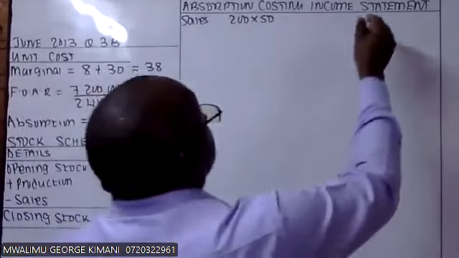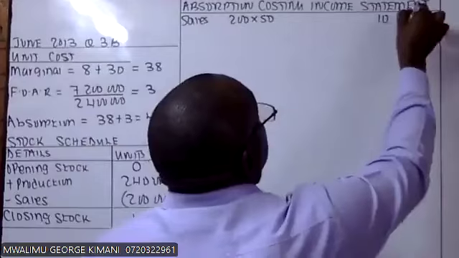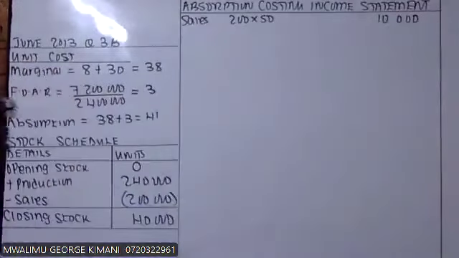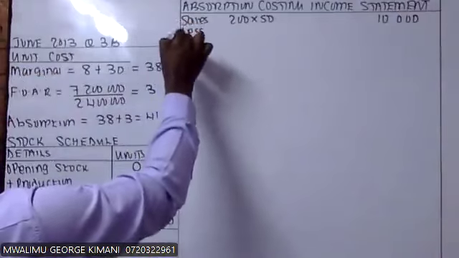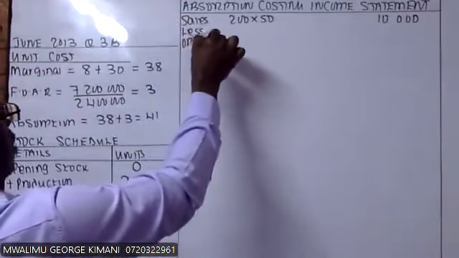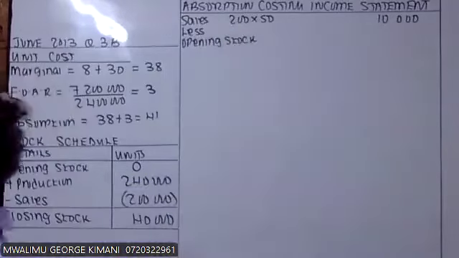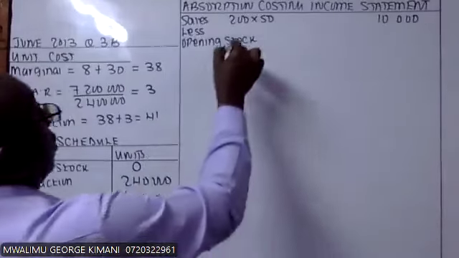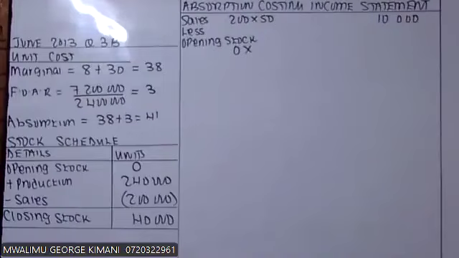That is $10,000. Then opening stock, we say less opening stock. So opening stock is 0. So it is 0 times, when we are in absorption, where did 50 come from?